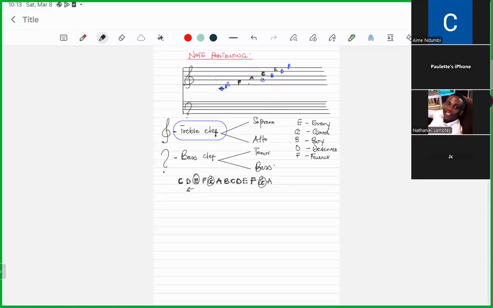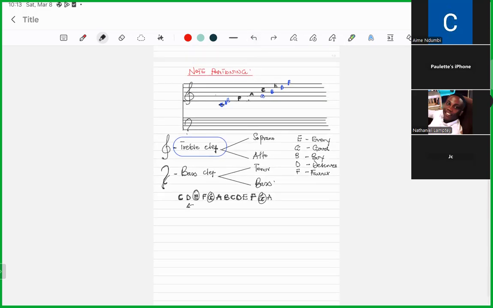So just a quick recap on the note positioning. When you take every music sheet, we have this treble clef, which comprises the soprano and the alto. Then we have the bass clef, which is this sign, which is made up of the bass and tenor.